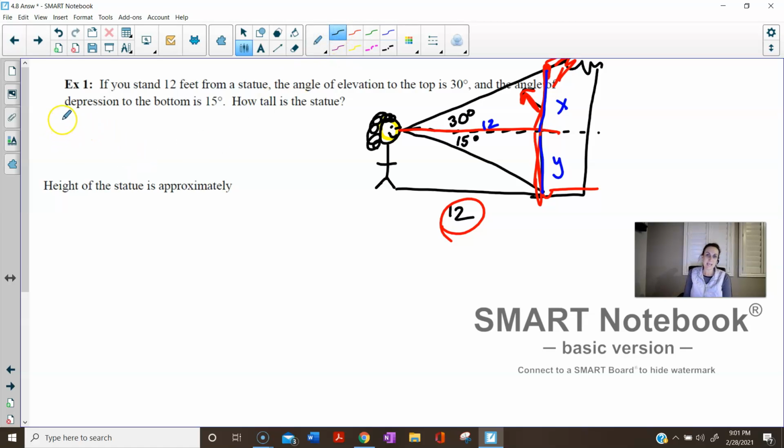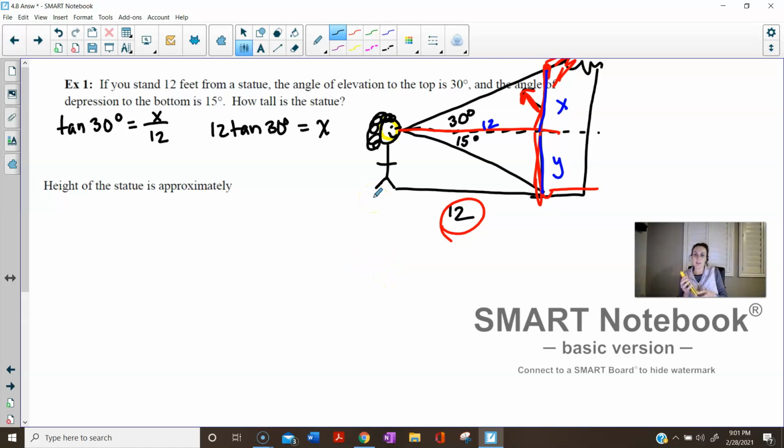So you would say the tangent of 30 degrees is equal to opposite over adjacent. And then multiply the 12. So 12 tangent of 30 degrees equals X. Make sure your calculator is in degree mode, and then you're going to type that into your calculator. I need to grab my calculator.